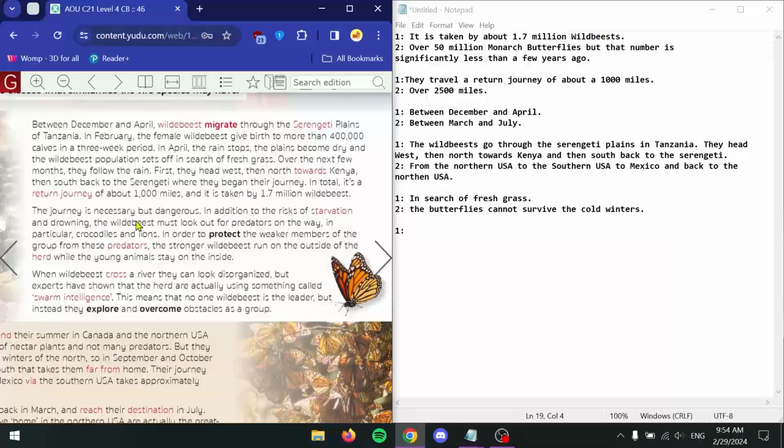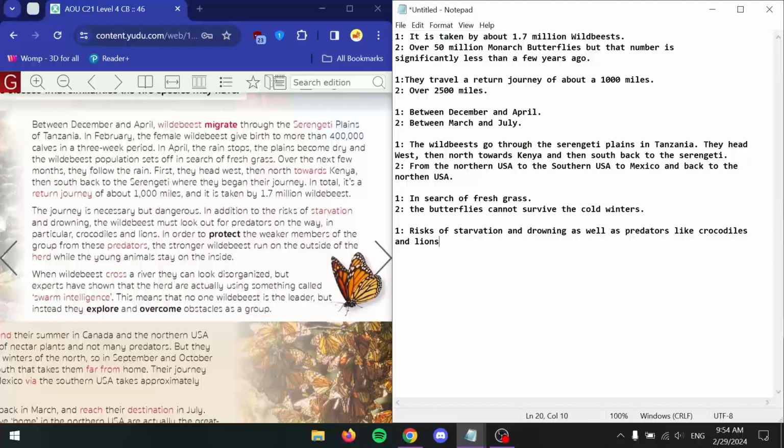Well, starvation, drowning, and predators as well. So we'll say something like risks of starvation and drowning, as well as predators like crocodiles and lions.